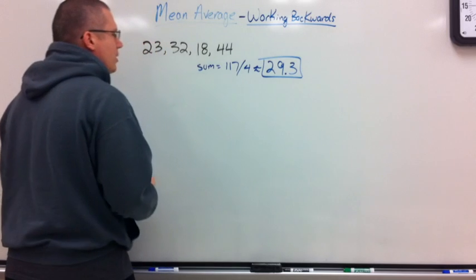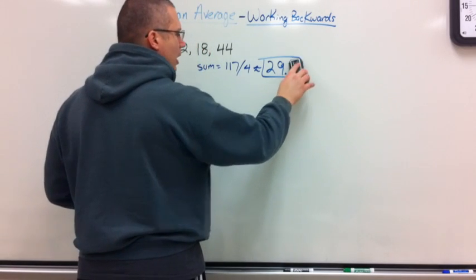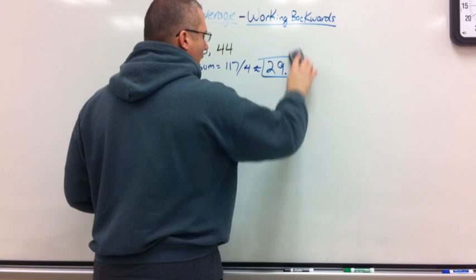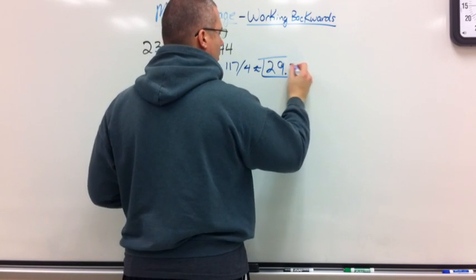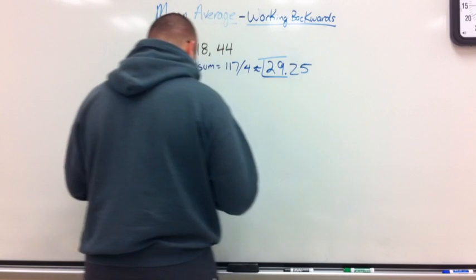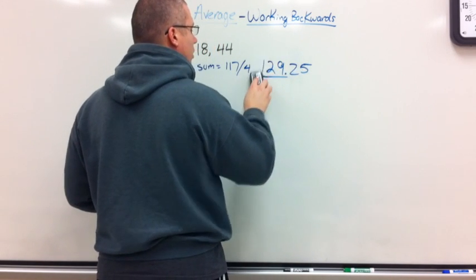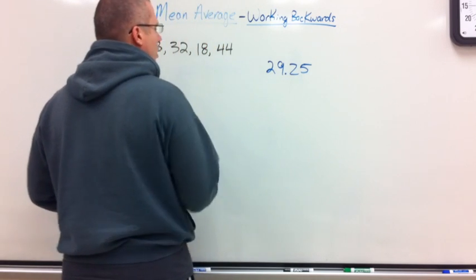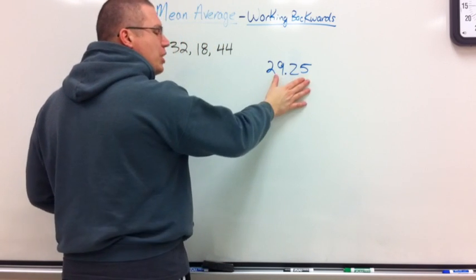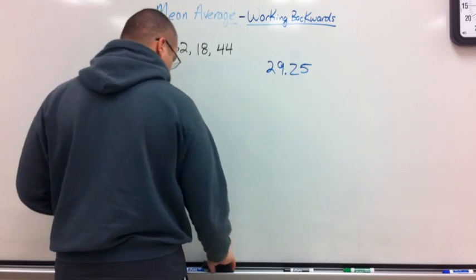What we want to take a look at is what would happen if I know that this is my answer, and I'll put in 0.25 just so it's exact. What would happen if I already knew what the mean average was, but if I was missing one of these numbers?